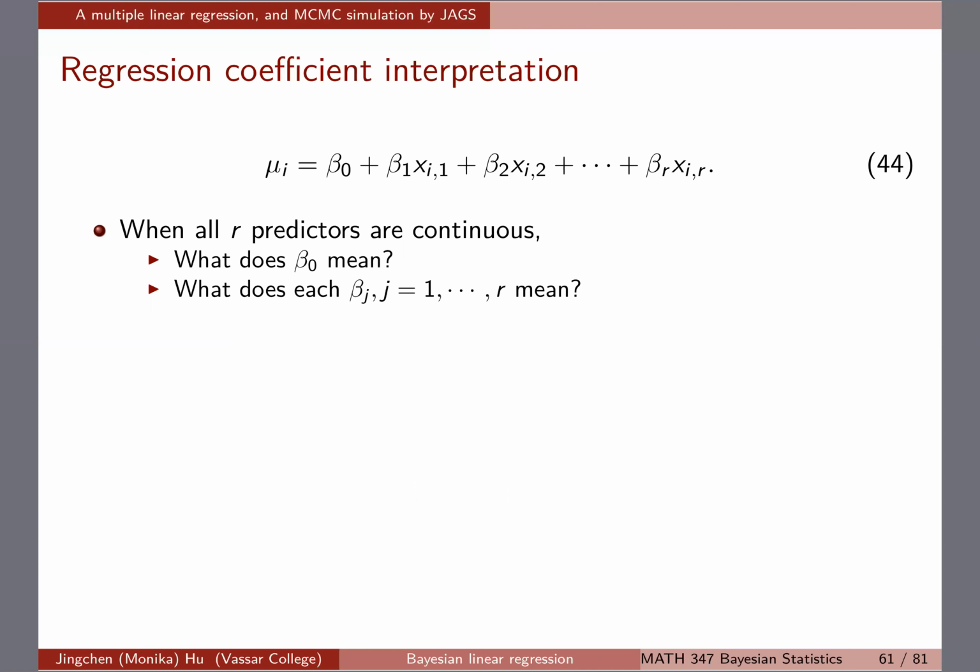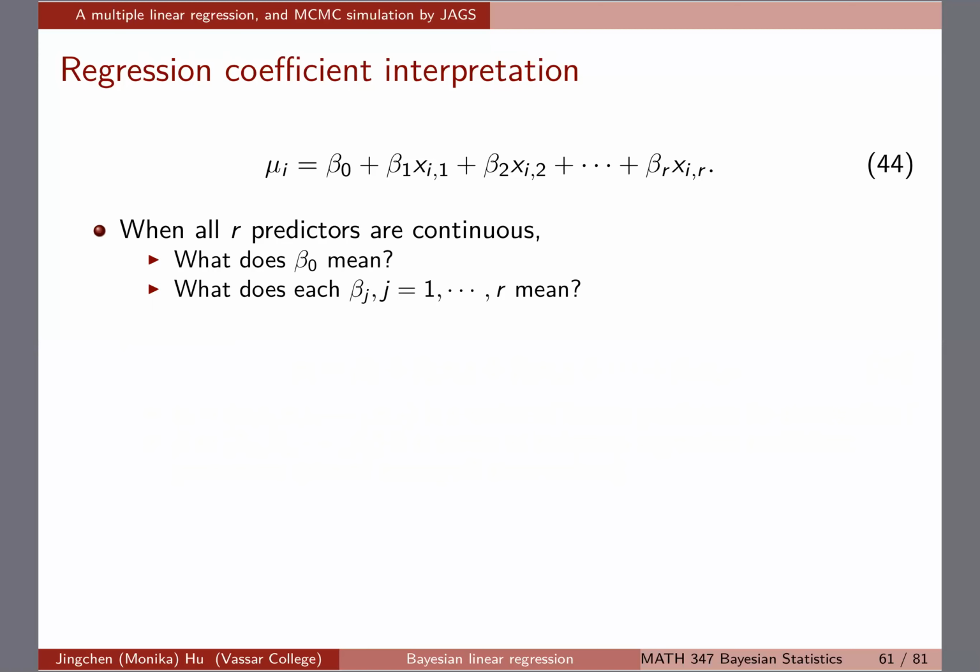Let's suppose right now, to start simple, that all of the predictors are continuous, meaning that x_i1, x_i2, up to x_ir, all of them are continuous. What do you think beta_0, the intercept, means, and what does each of the coefficients mean? We talked about beta_0 and beta_1 when you only have one continuous predictor, right? That's the intercept and the slope.